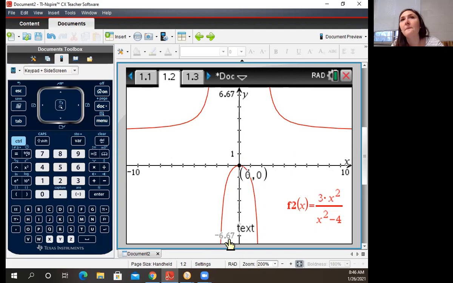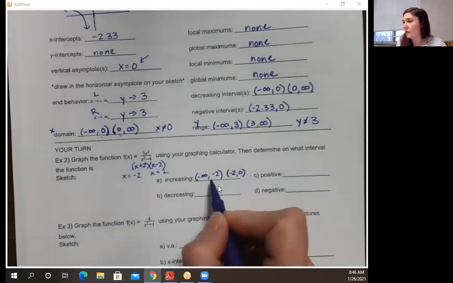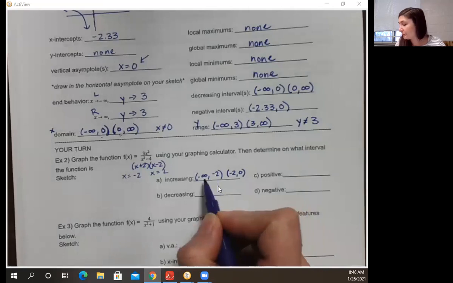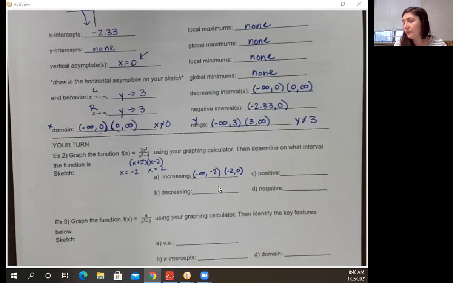Again, 0, 0 there. So from when x is negative 2 until x is 0, I have another increasing interval. Just to take a look at that on my notes, from negative infinity to -2 for that leftmost portion of my graph, and then from -2 to 0.